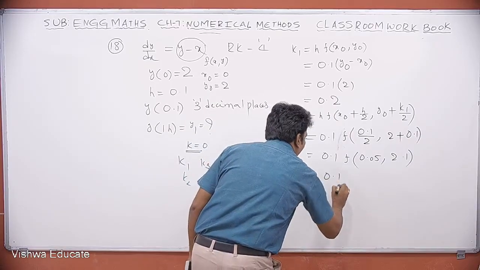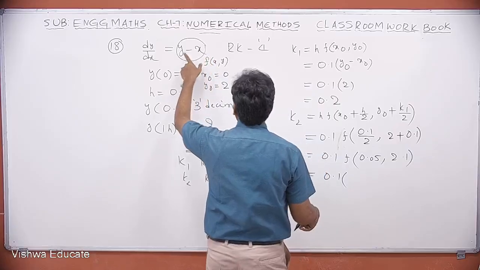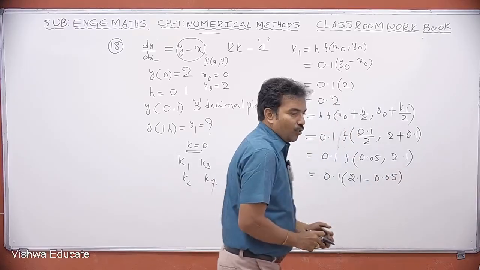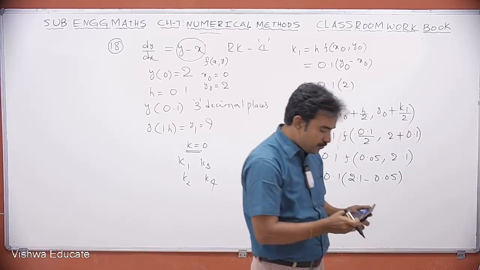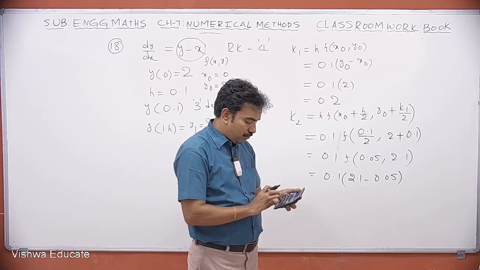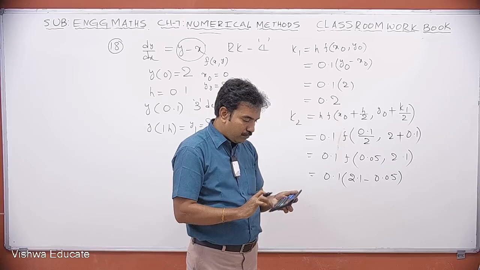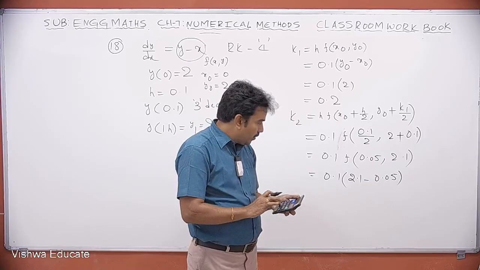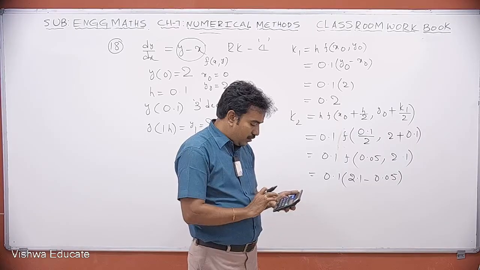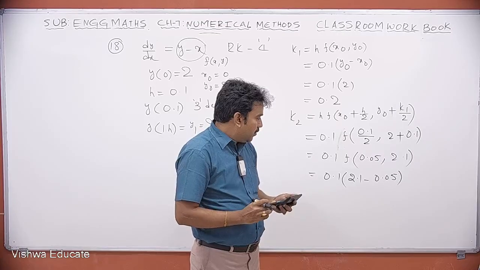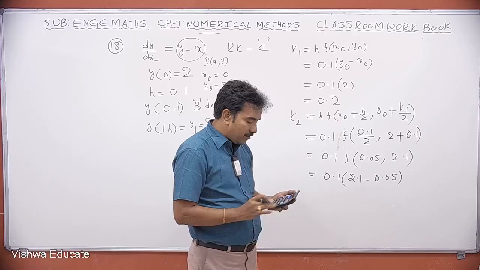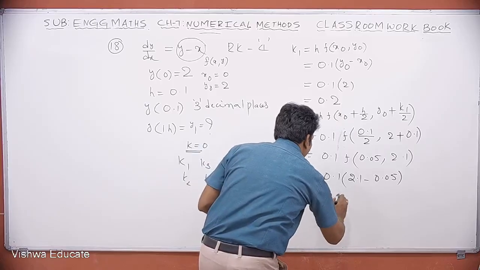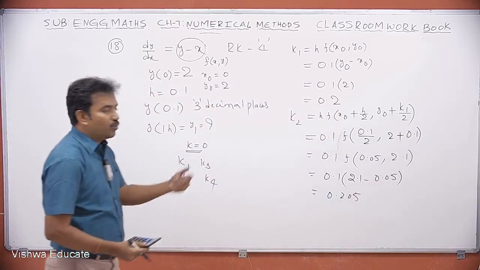So this is 0.1 into f of x comma y minus x. So 2.1 minus 0.05 is 2.05, into 0.1. So this is 0.205. Therefore, the value of K2 is like this.